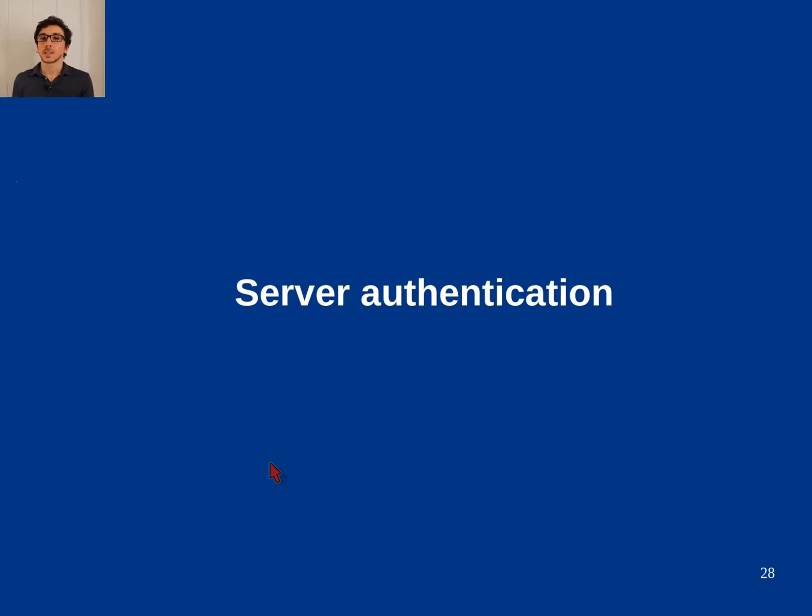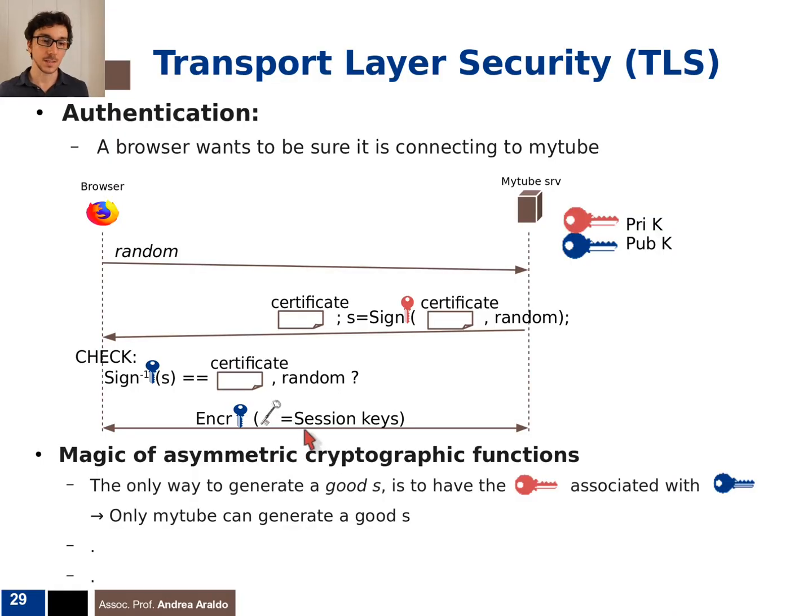Another quite complicated aspect of CDNs is authentication. Let's see what it means. We have seen that nowadays most of the traffic is under HTTPS. This means that when a user connects to a server, it first creates a TCP connection, and inside this TCP connection, a TLS channel is established.